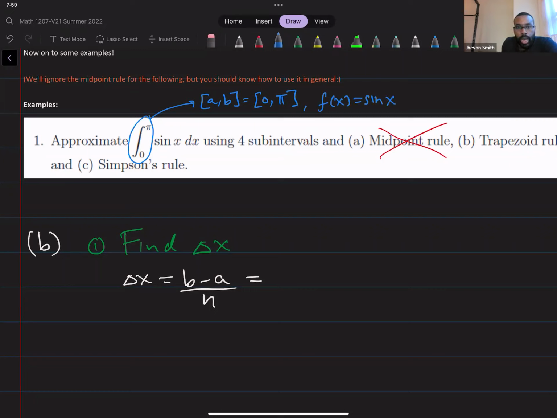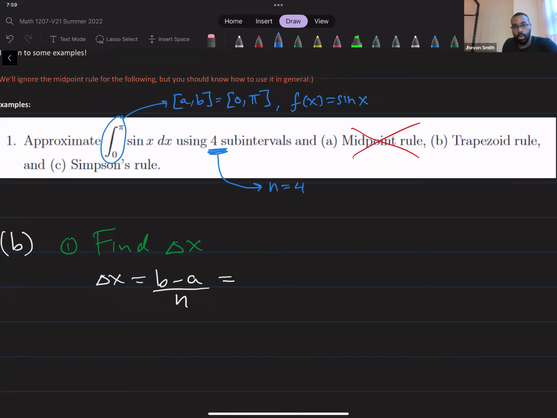So this 4 tells us the number of subintervals. This means your n equals 4. So you can either say using 4 trapezoids or 4 subintervals or something like that. It will tell you how many you want to use. So this means you have an x0 up to an x4 on the diagram.